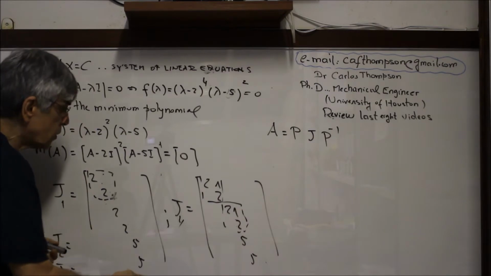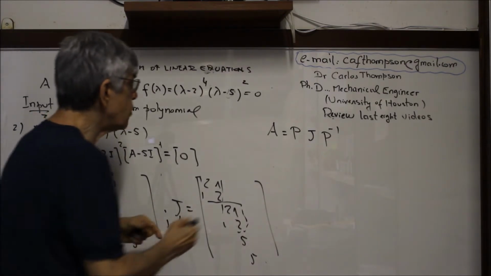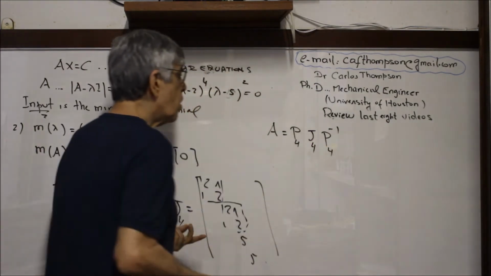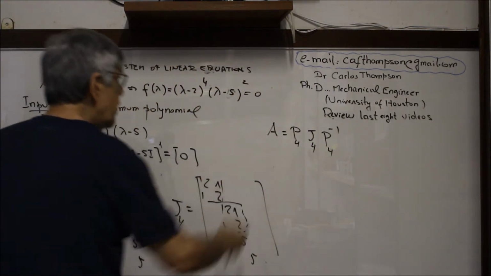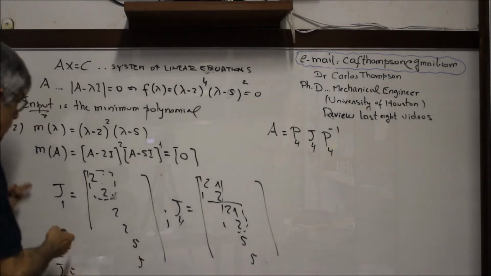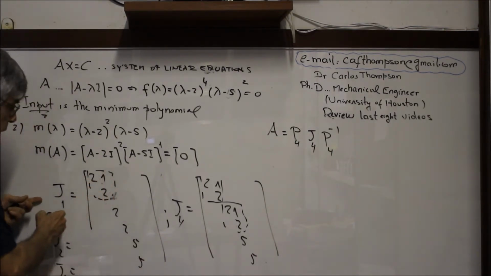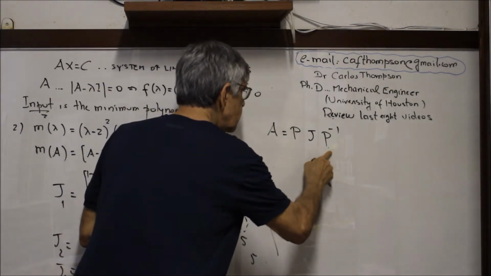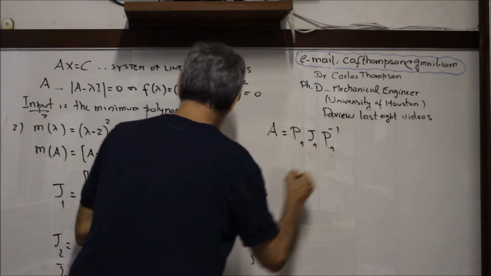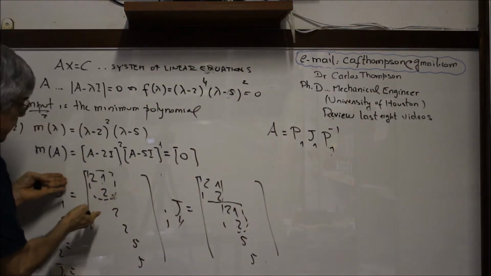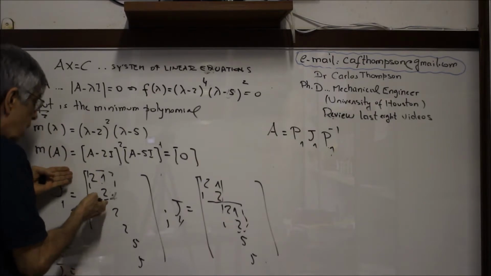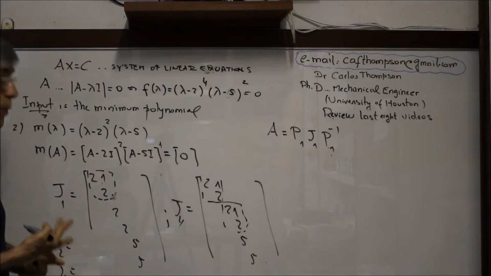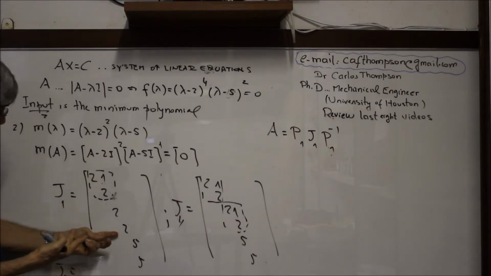Let's suppose I chose J4. So then I have to build P4 and P4 inverse to find A. Now suppose I want to use J1, then I have to put here P1, J1, P1 inverse. So this allows me to calculate the number of eigenvectors, because I can find the rank here easily.